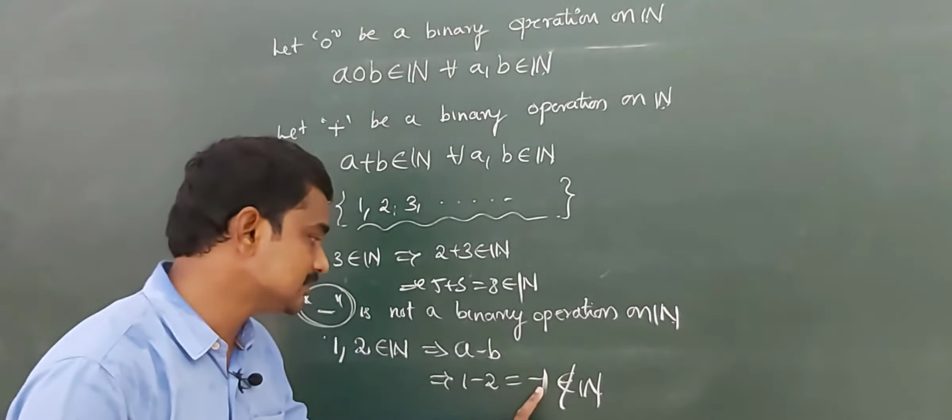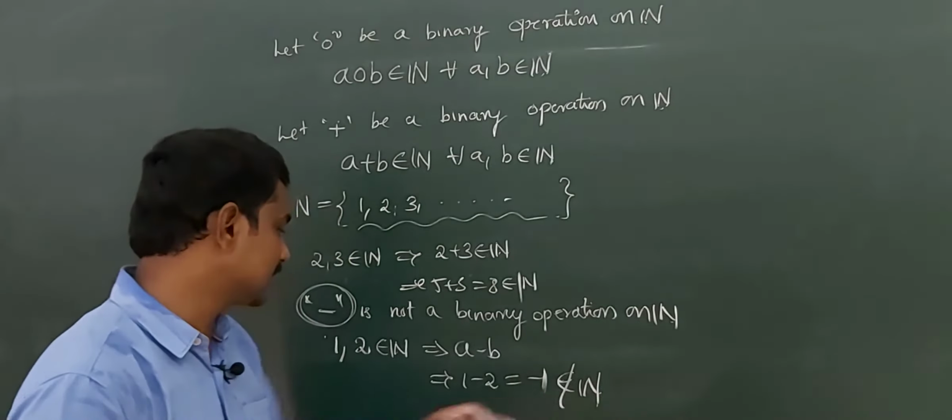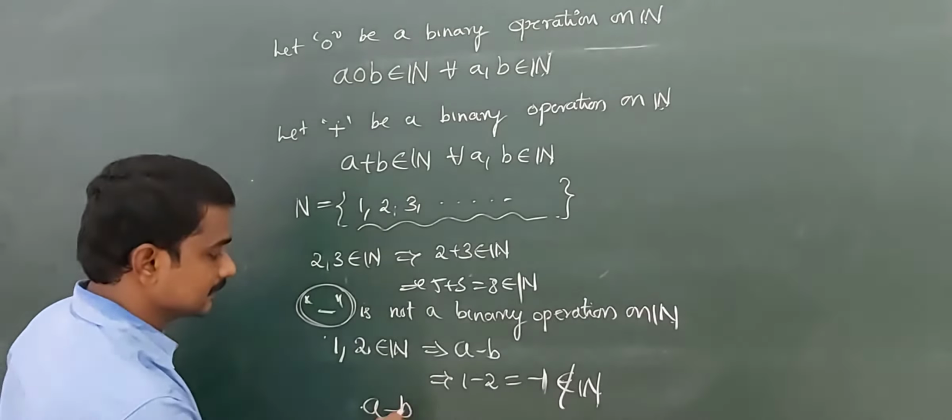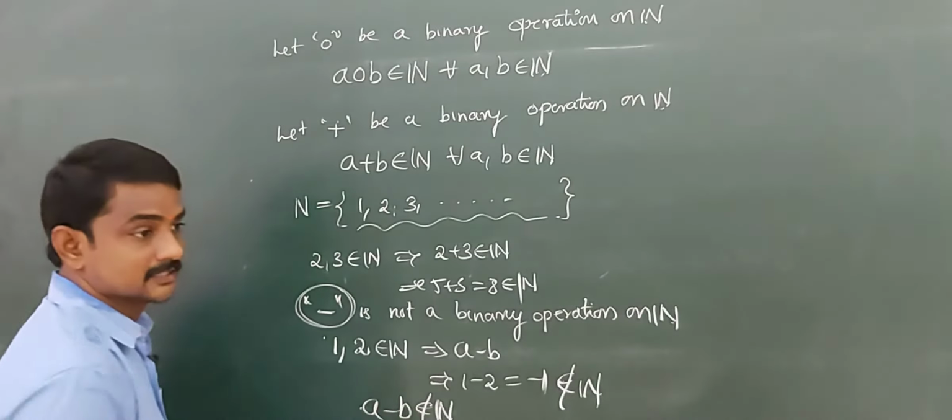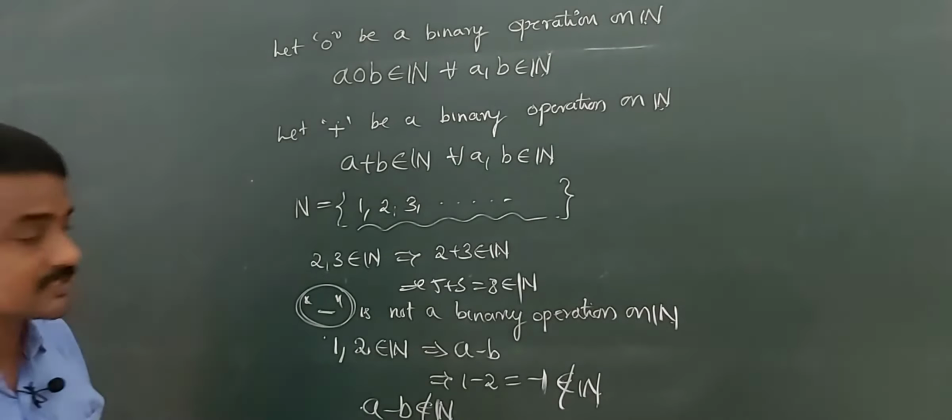But 1 minus 2 is minus 1. Minus 1 does not belong to N. So a minus b does not belong to N. Subtraction is not a binary operation on N.